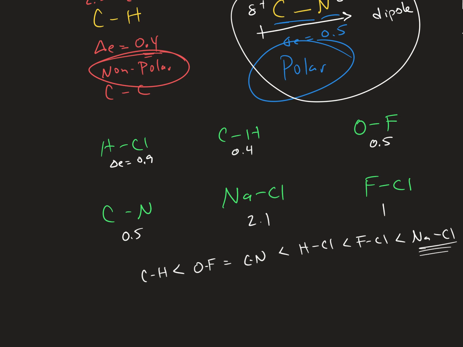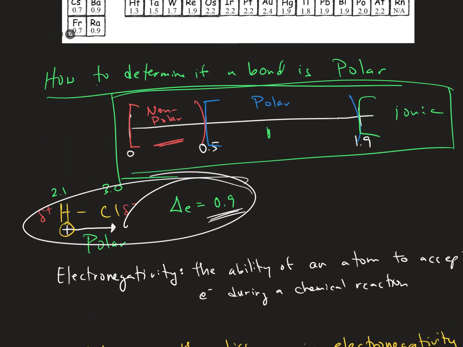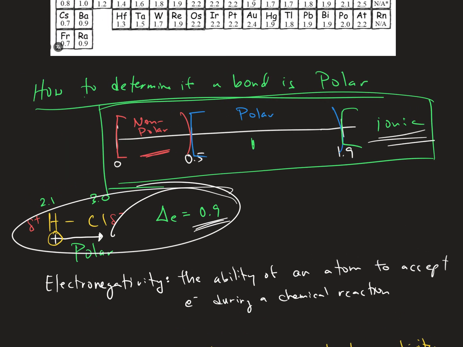We don't call it a polar bond because it's an ionic bond. But according to this chart, sure, ionic bonds are highest in polarity if we want to call it that. But in general, we don't call ionic bonds polar bonds because they're just positive and negatives, right? Full positive, full negatives, no partial negatives, partial positives.